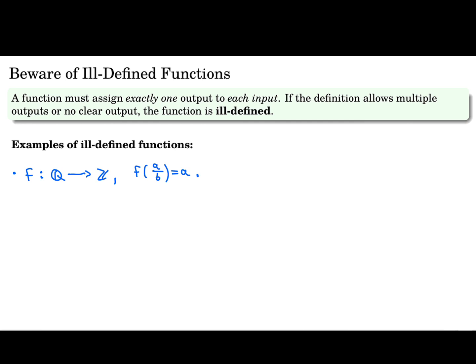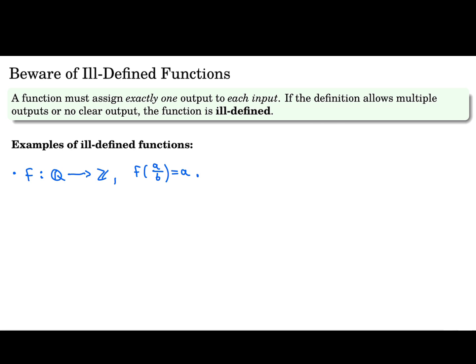Every rational number can be written as a fraction where a and b are integers with b different than 0. The idea is that you take that fraction and you output the number at the top of the fraction.